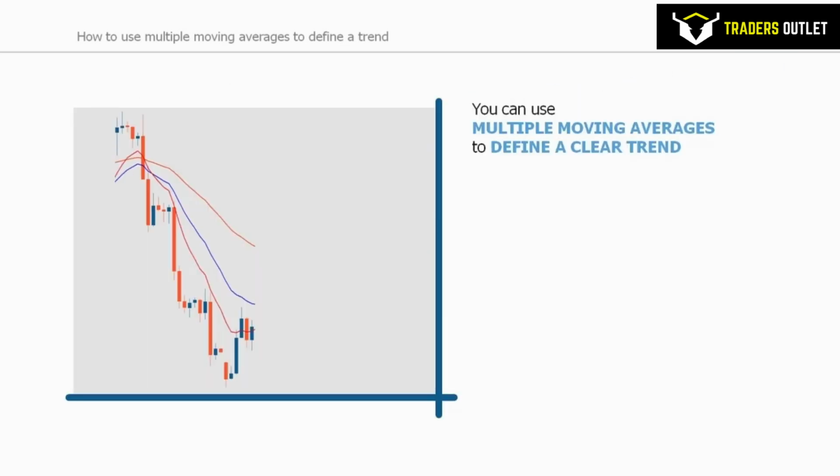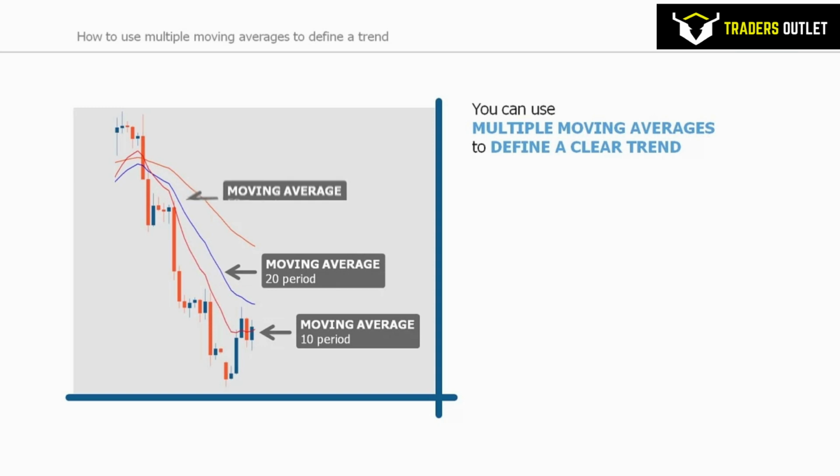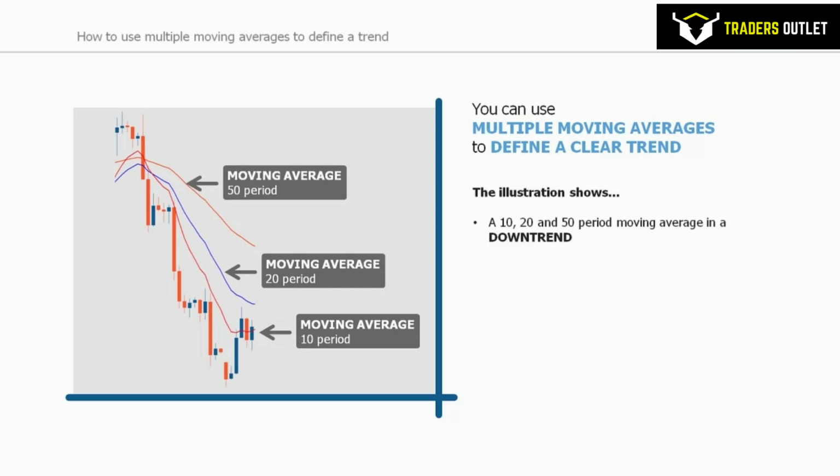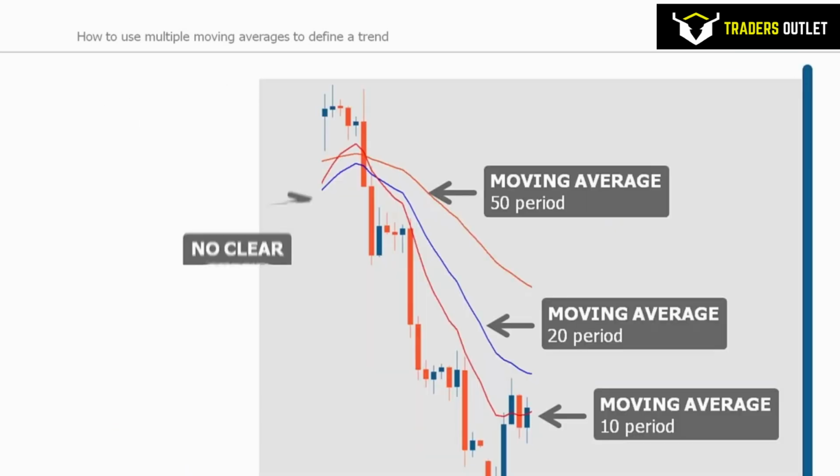You can use multiple moving averages to define a trend direction. You can see in the chart that there are 3 moving averages: a 10, a 20, and a 50-period moving average. When there is no prevailing trend, the moving averages are intertwined, as you can see at the beginning of the chart.